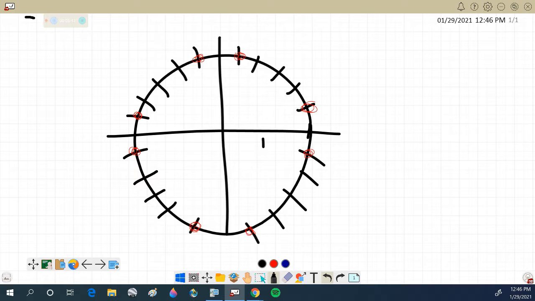Okay? Well, let's figure out what these marks are in radians. So 2 pi, this is pi over 2, and this is 3 pi over 2. So if there are 24 marks, how big is each mark in terms of pi? 1/12.